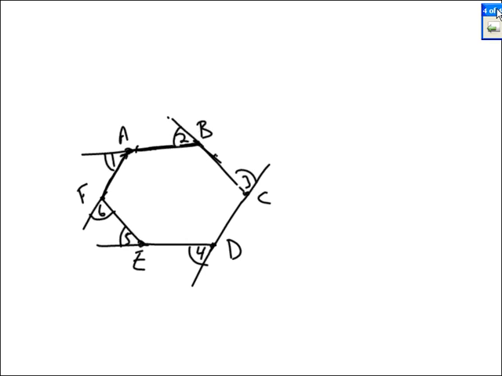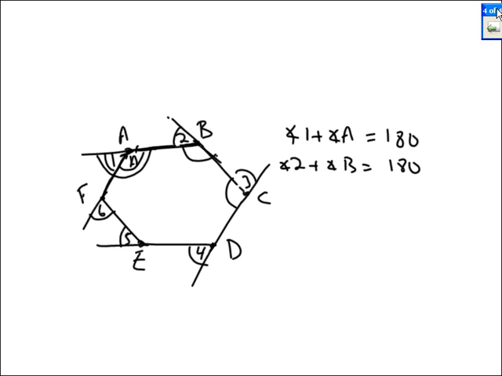And the reason is, I'm calling this angle A and that angle B and that angle C, etc. So angle 1 plus angle A is a straight angle. It's 180 degrees. And the same with 2 and B. Angle 2 plus angle B is 180.